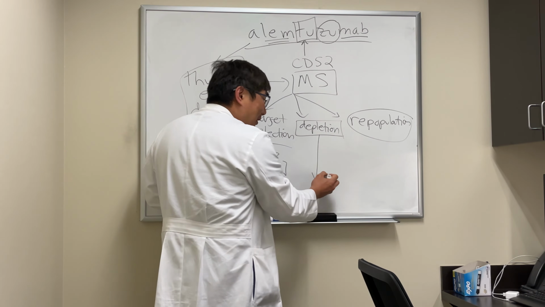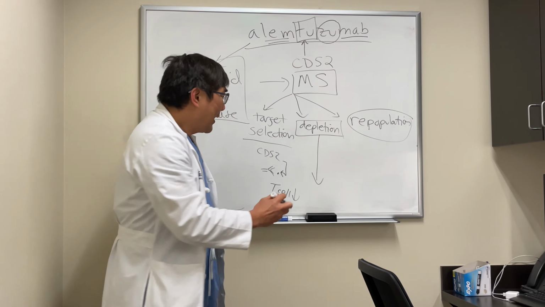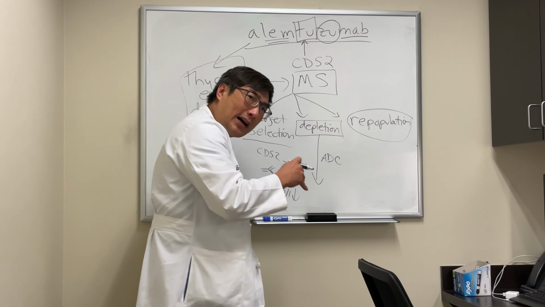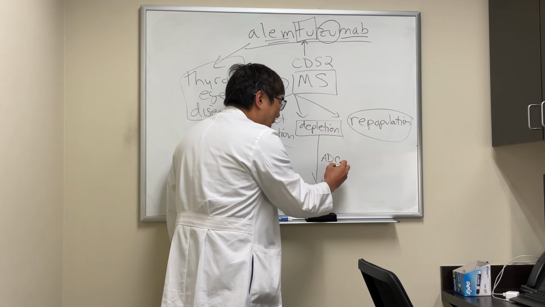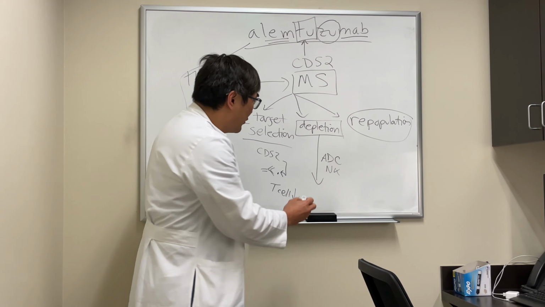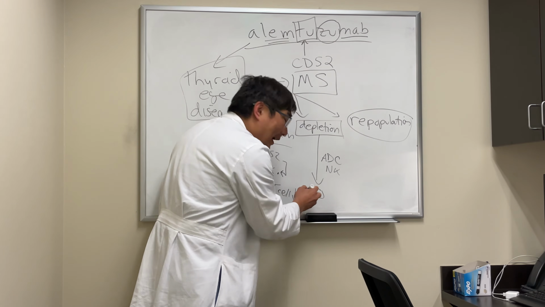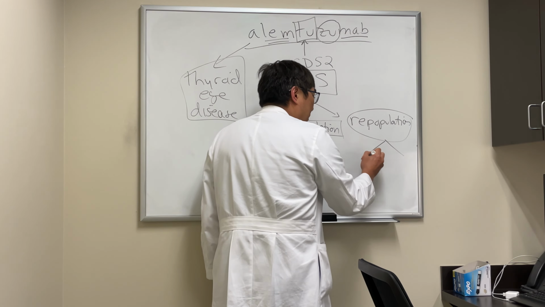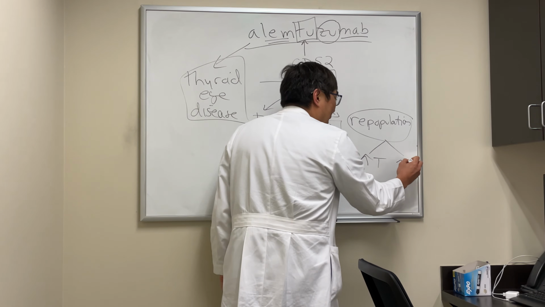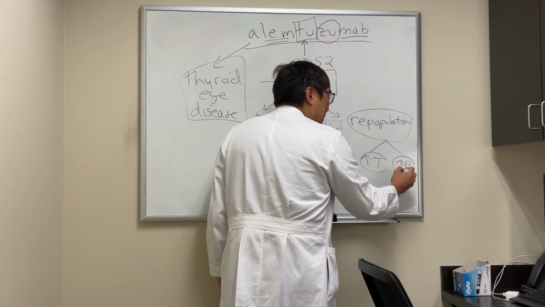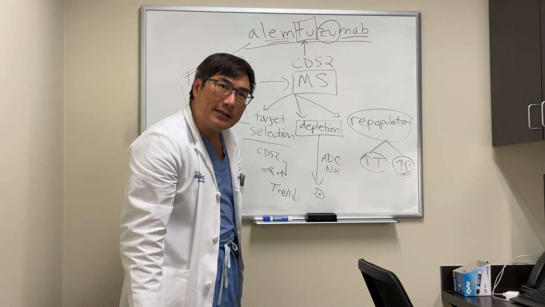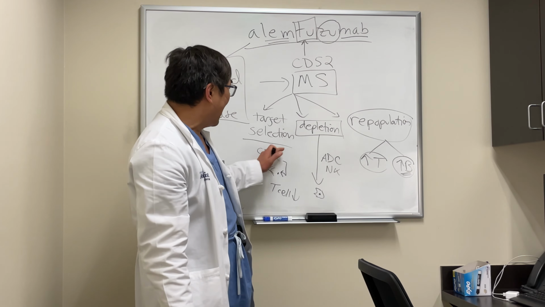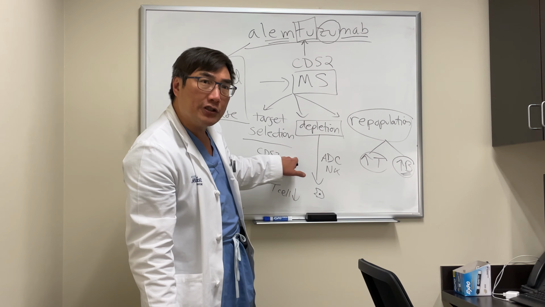That's going to cause a depletion in that cell population, and that's an antibody-dependent cytotoxic effect mediated by natural killer cells. And so you're going to have disintegration of that cell population. During the repopulation phase, you're going to be going back up, and we're going to have an imbalance in the T cells versus the B cells during the repopulation phase, because this T cell population was depleted by the CD52.